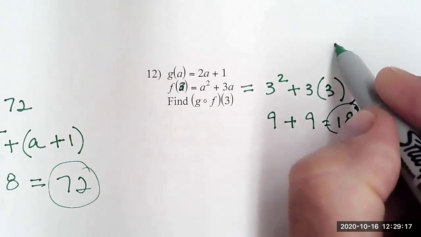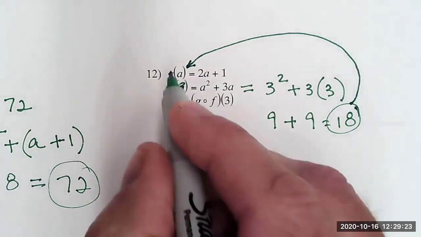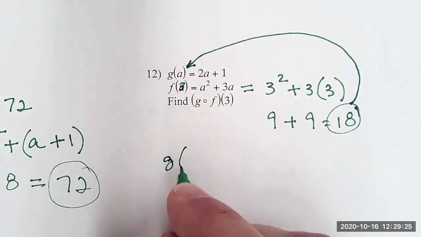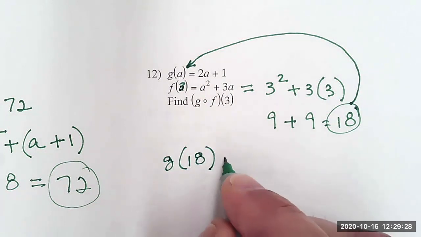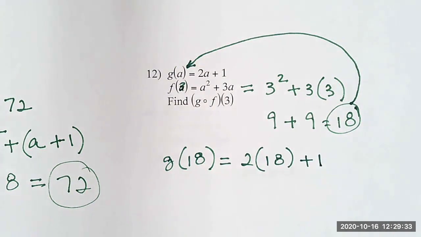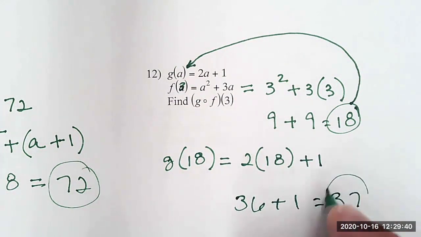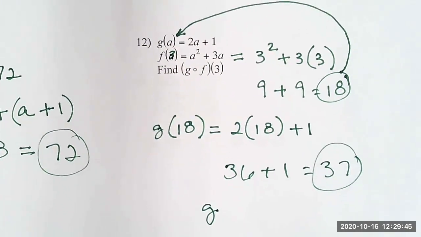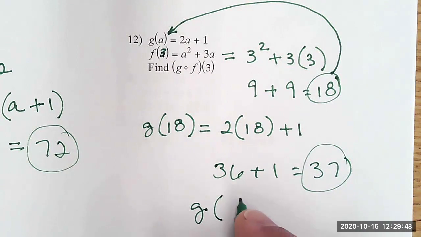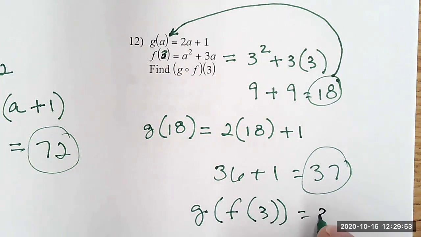That f of 3 is input for g of a. Now I have to evaluate g of 18. Two times 18 is 36. Plus 1 equals 37. So g of f of 3 equals 37.